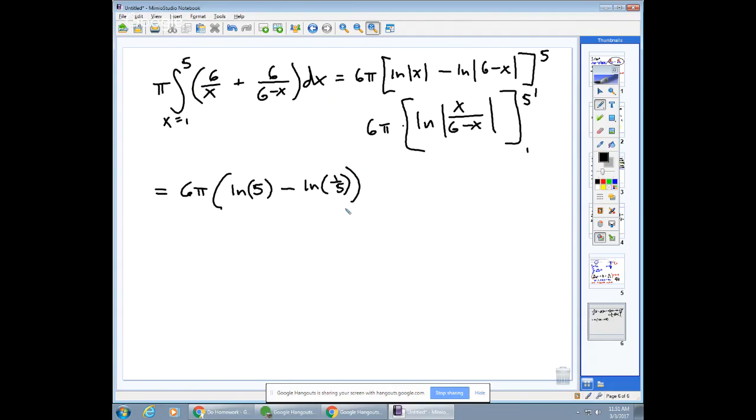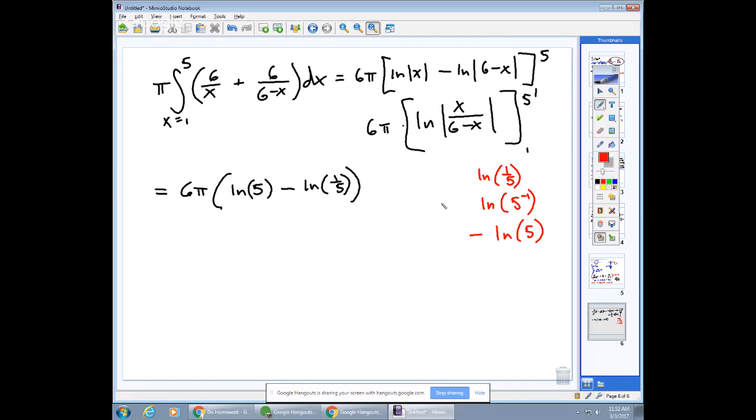And I can actually clean this up a little more. Just note that the natural log of 1/5 is the same as the natural log of 5 to the -1, which is the opposite of the natural log of 5. So really the natural log of 1/5 is like subtracting the natural log of 5, which is already being subtracted.